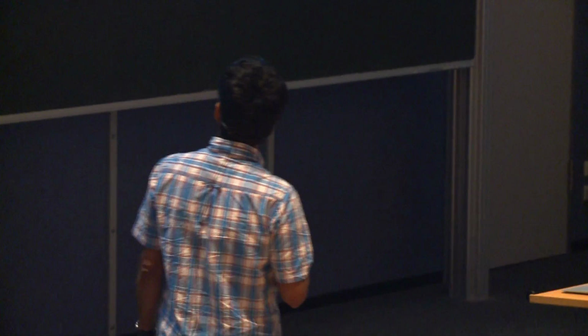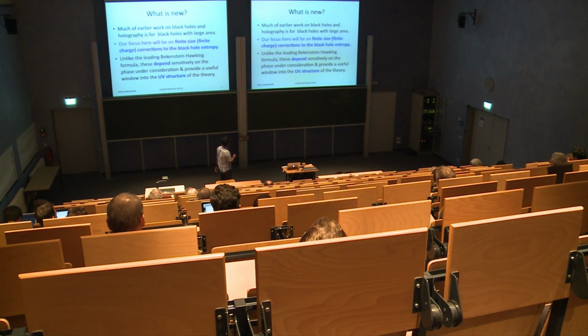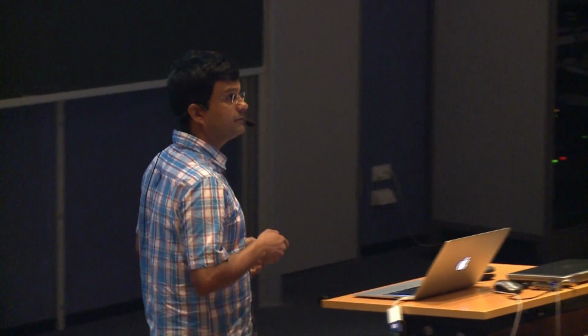Now, why do we care about these finite size corrections? Unlike the leading Bekenstein-Hawking formula, which is determined entirely by the Einstein-Hilbert action, because all the area theorems and everything of classical general relativity follow once you're given the Einstein-Hilbert action, these finite size corrections actually depend on the details of the particular string theory compactification that you're looking at.